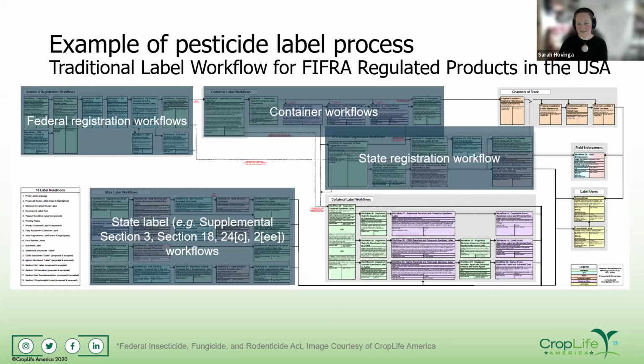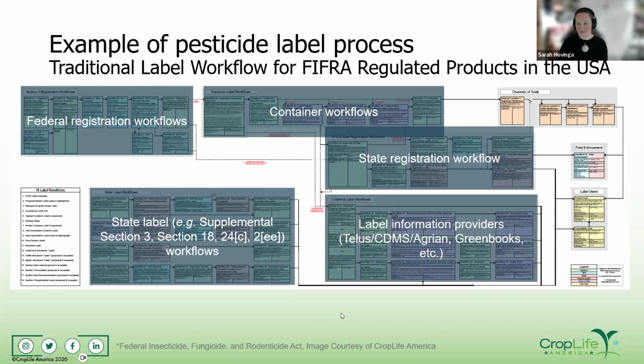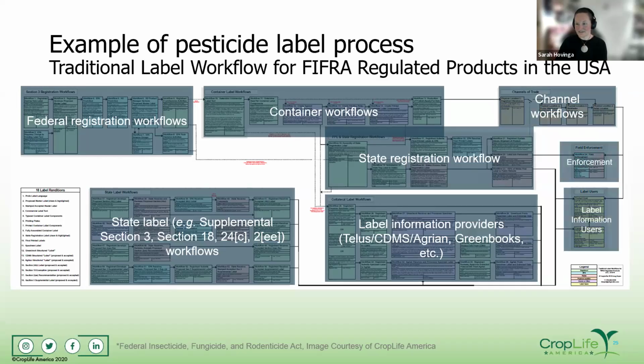Different states have different requirements in the US. You have label information providers that are looking to gather this information and provide it to retailers down in the channels. You have the enforcement arms of the regulators, and all in all, this makes for about 18 different versions of the label.